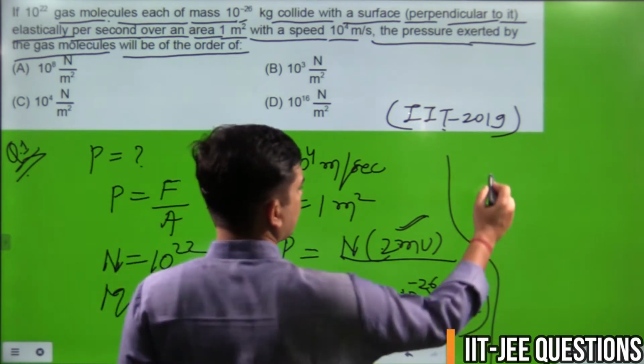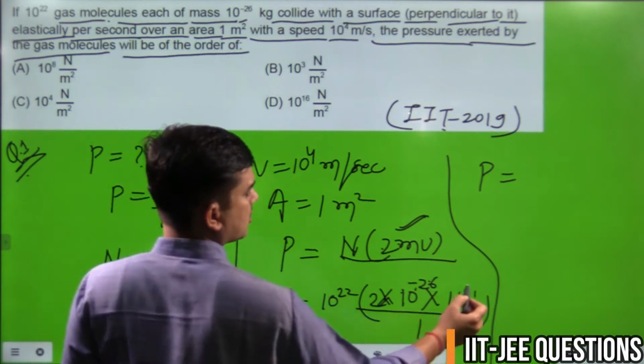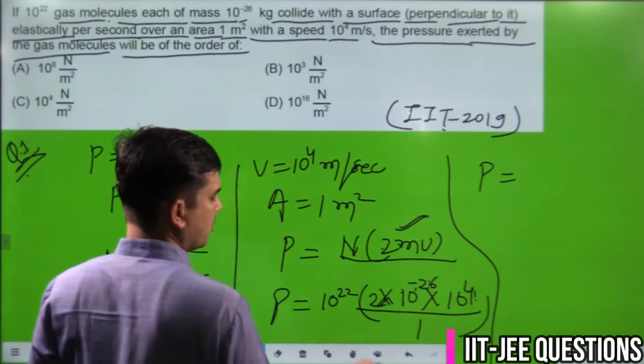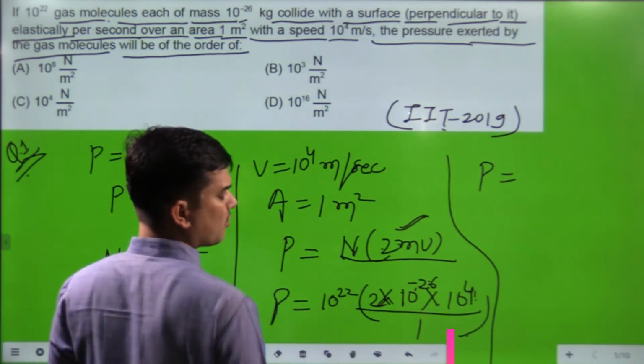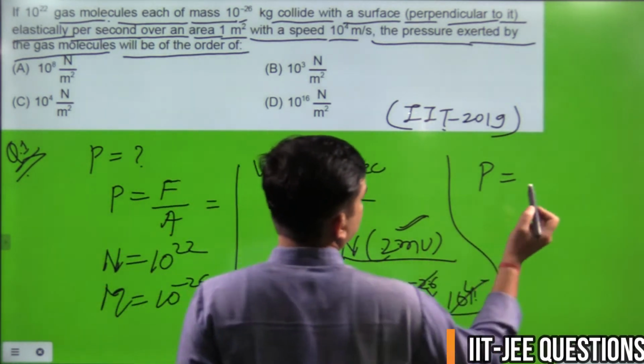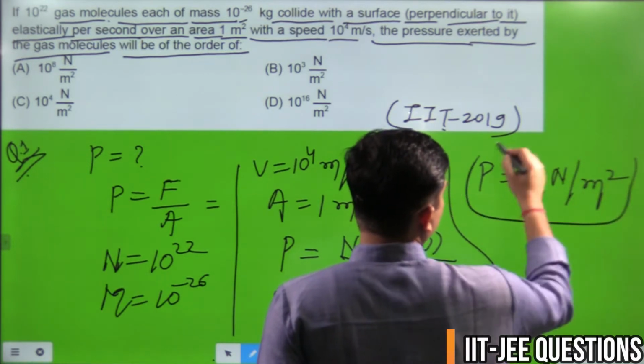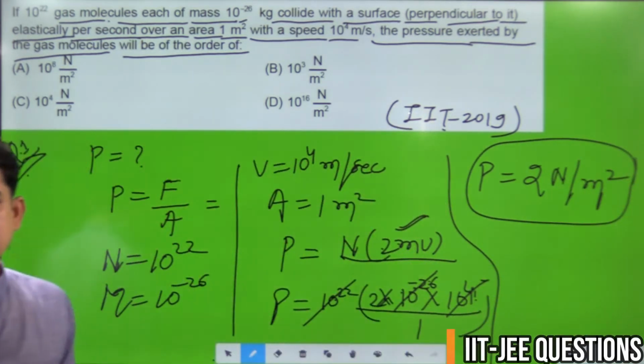Then the total pressure will be: minus 26 plus 4, 22 plus 4, 26 cancel, 2 Newton per meter square. Final answer. I think it's a very simple numerical.